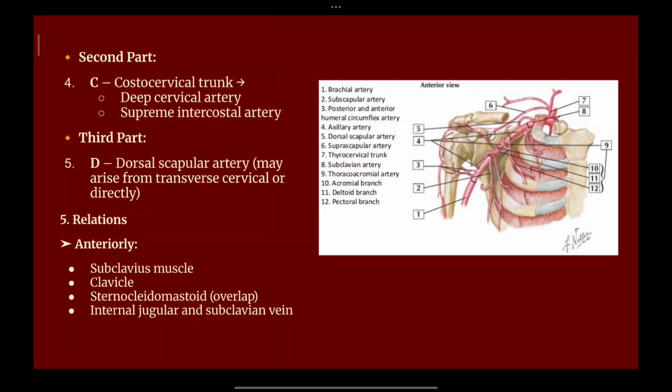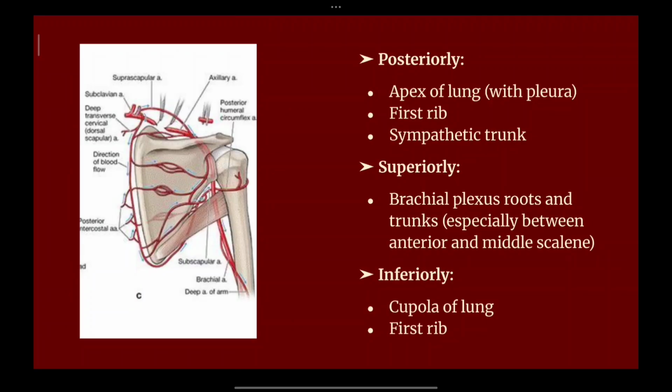Now the relations to the different structures that are present close to the subclavian artery. In the anterior region, you have the subclavius muscle, the clavicle, and the sternocleidomastoid that overlaps these arteries. Then you have the internal jugular and the subclavian vein as well. Moving to the posterior region of the same subclavian artery, you can see the apex of the lung touching it with the pleura as well.